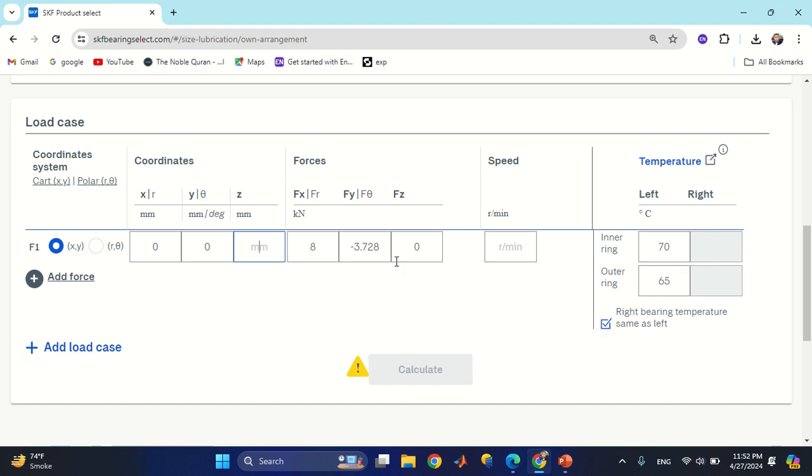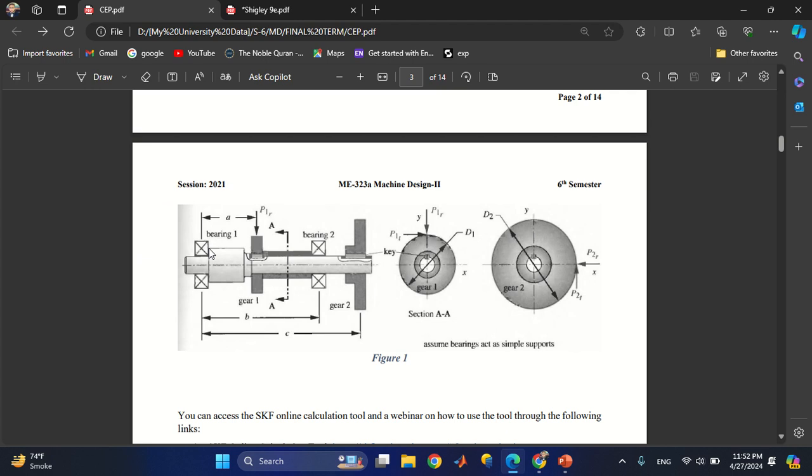So on the table, I am putting my a value, which is 180, which is given at the table by the professor. Similarly, in the y direction, the y direction is the radius of the gear.